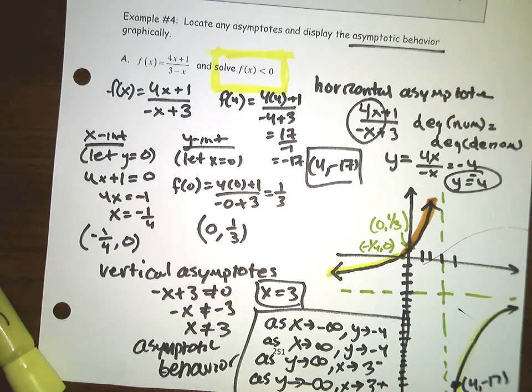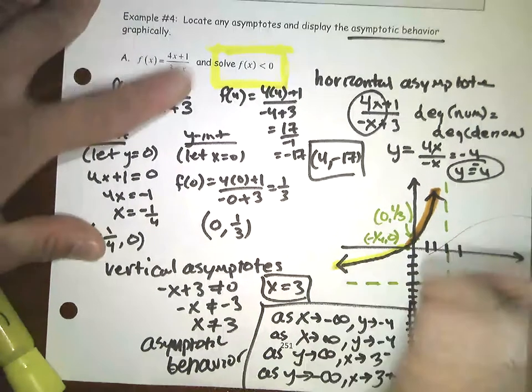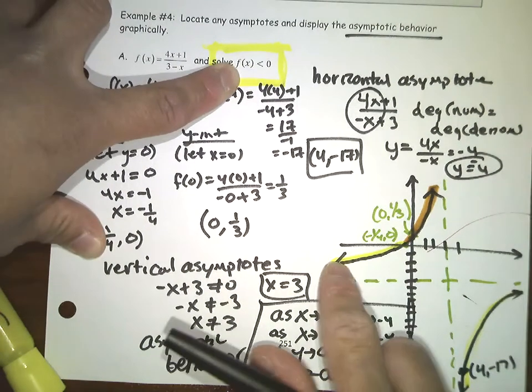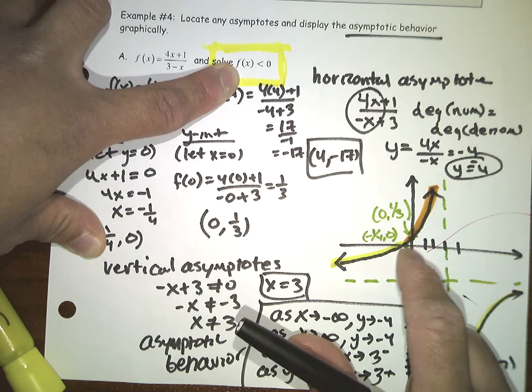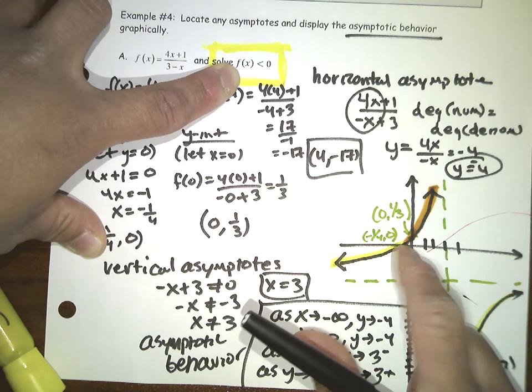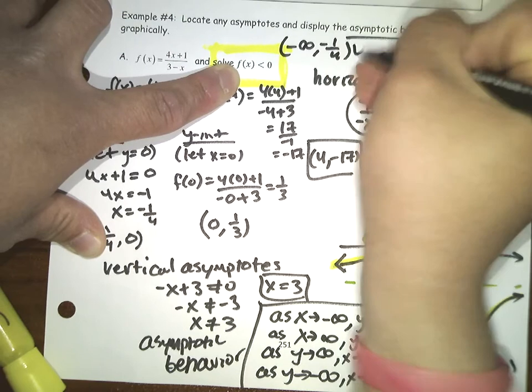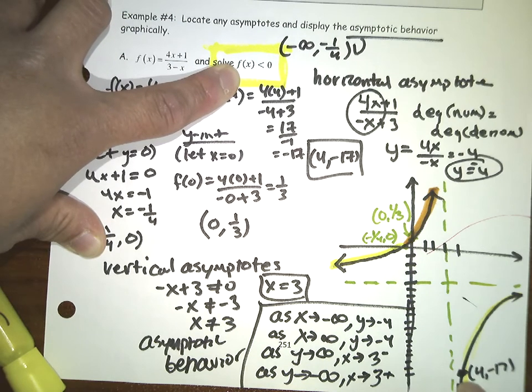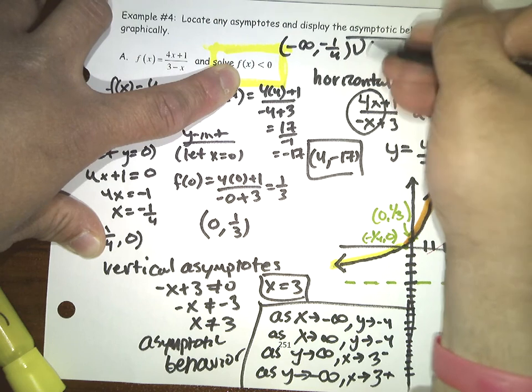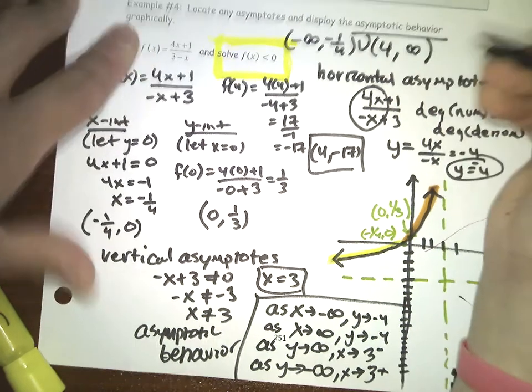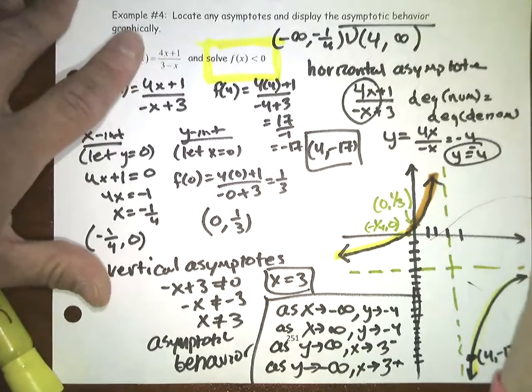So that means to solve this inequality, I'm just going to look at the graph, and f of x is less than 0 from -infinity over to -1/4. All right, so -infinity to -1/4, and from 4 all the way to infinity. So in 4 to infinity. All right, so I hope that you enjoyed that.